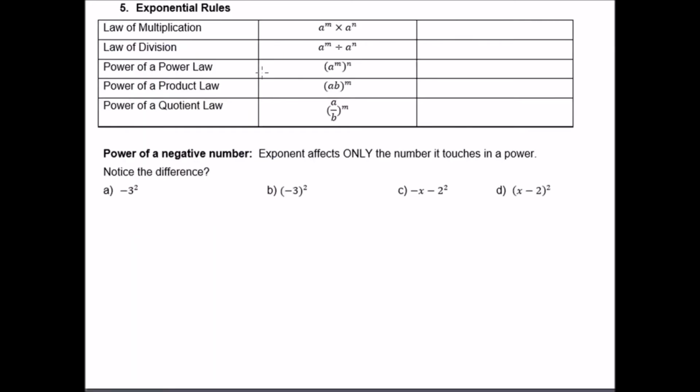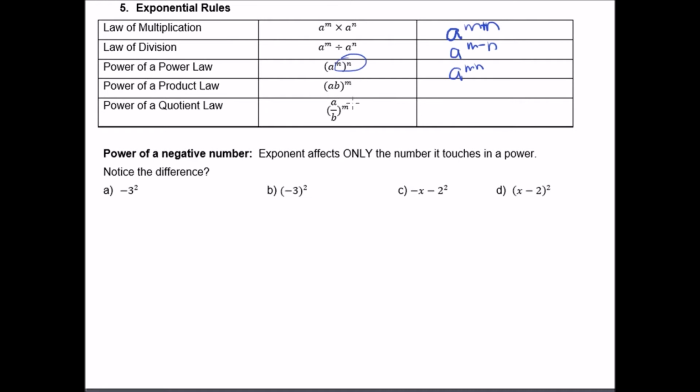All right, so here's everything in one shot. Law of multiplication, a to the m times a to the n is a to the m plus n. Sorry, we add those. Law of division. What we do is we subtract them. So a to the m divided by a to the n, we have m minus n. Power of a power. This is where we multiply those two. Okay, power of a product law.